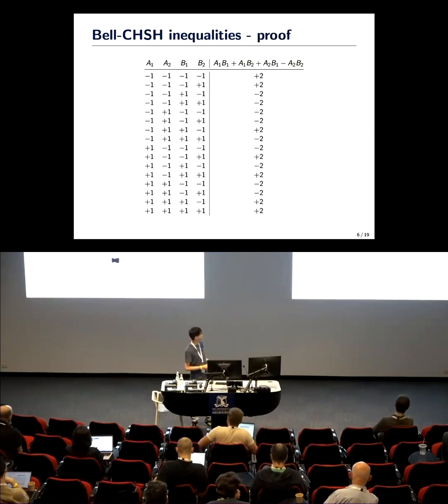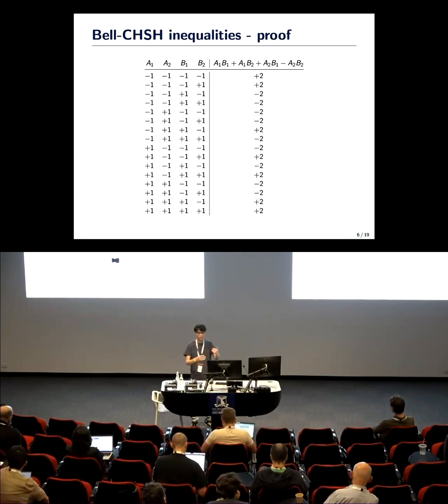You basically consider every possible realistic value assignment to the observables, and you can observe that the value of the correlation is either +2 or -2.